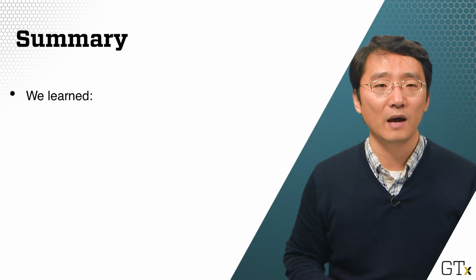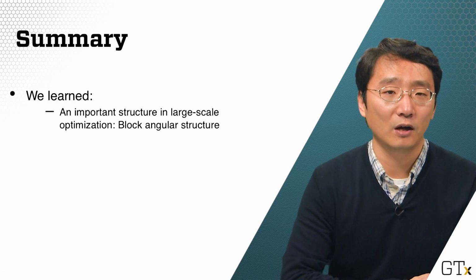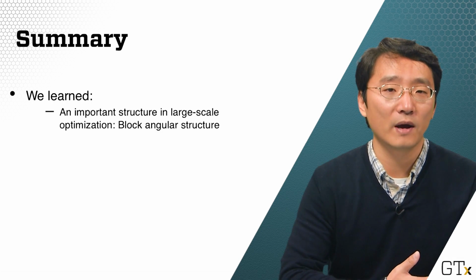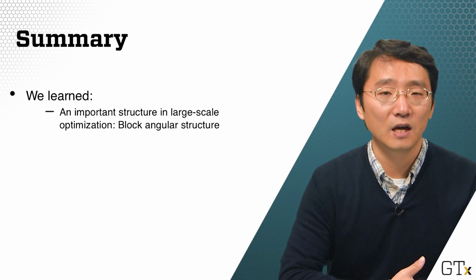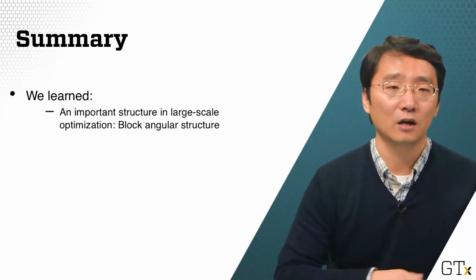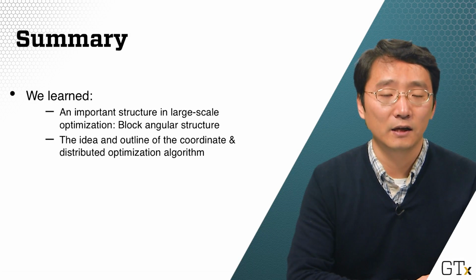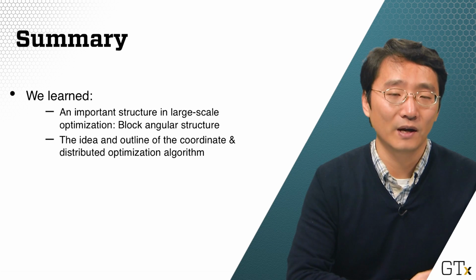Okay, to summarize, we have learned an important structure in large-scale optimization called block angular structure, and this arises naturally in the situation of individual units coupled together in a large organization. We also introduced the idea of coordination and distributed optimization, and outlined the rough steps of that.